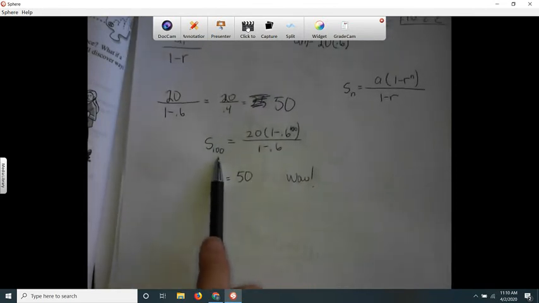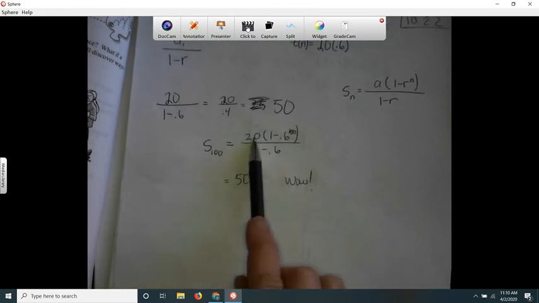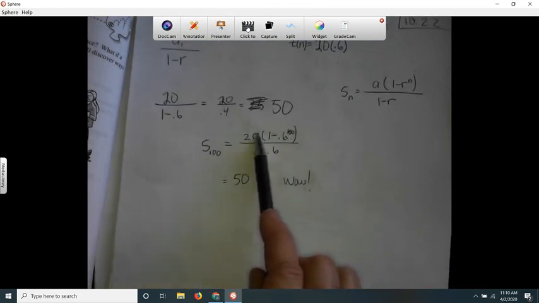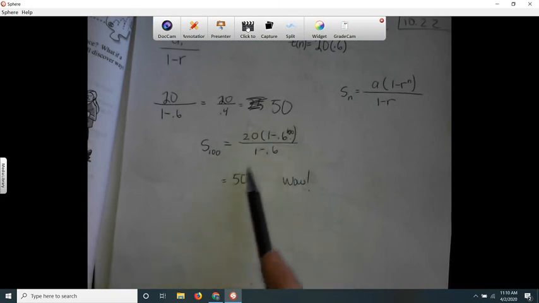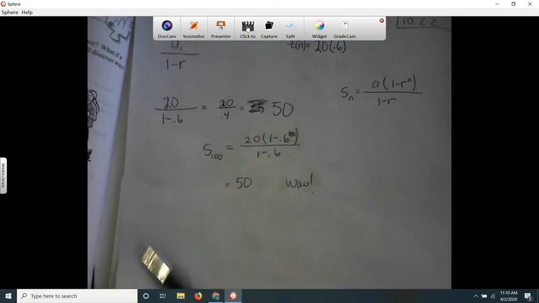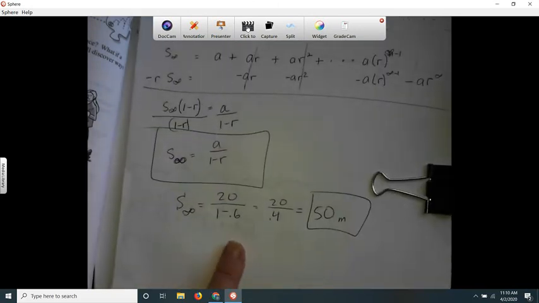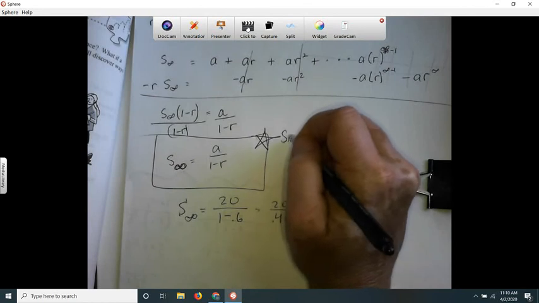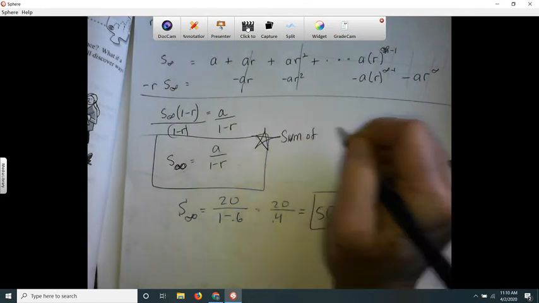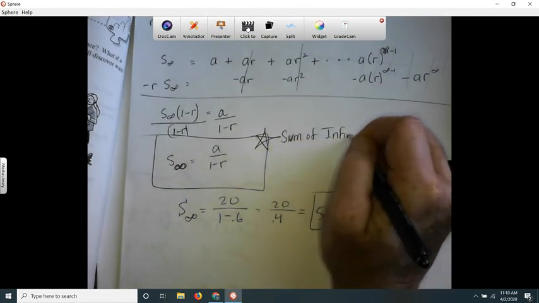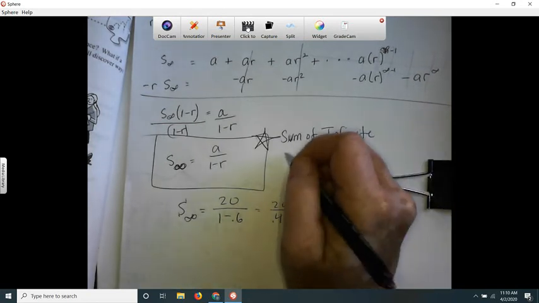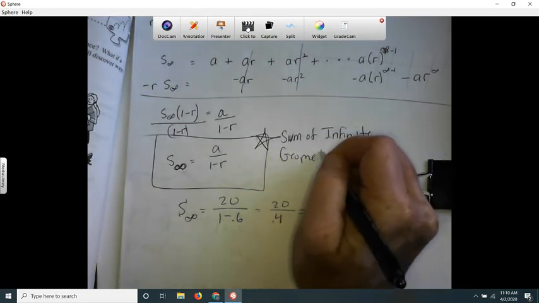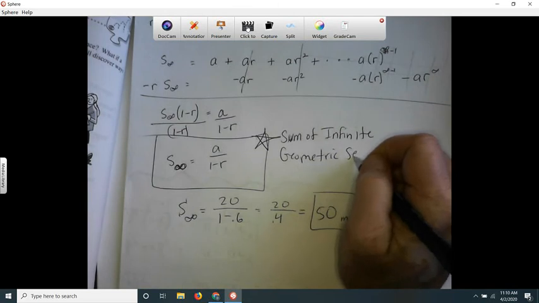I did all the math for the 100th bounce, and it came right out to 50, just like this formula did. So basically right here, this is the sum of an infinite geometric series.